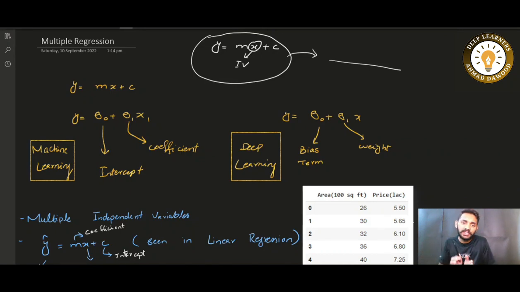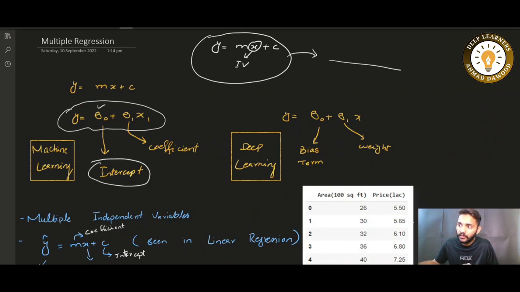Machine learning and deep learning. As I told you, deep learning is a sub part, or subclass, of machine learning. In machine learning, when we have the equation of line like this, we usually call the terms intercept and coefficient. But in the case of deep learning, we usually call the terms bias and weights.